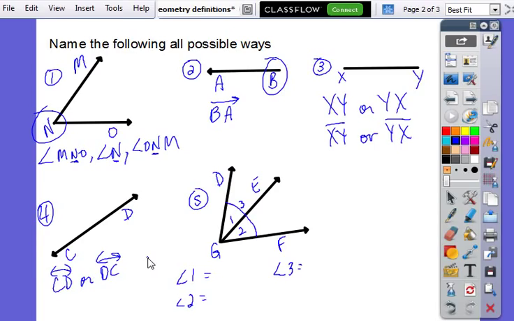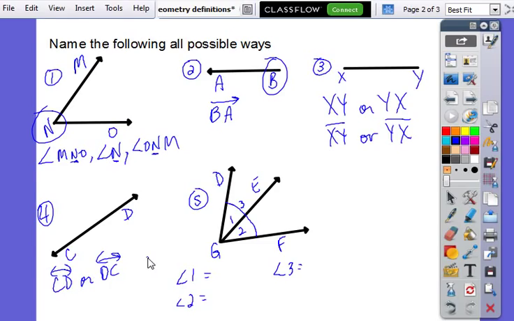Number 5. First of all, do we understand how many angles are up there? How many angles do you see right there? 3. You got the little one here, number 1. You got the little number 2, and then you got the whole thing, number 3. We need to be able to see that now. So if I said angle 1, what letters work for angle 1?